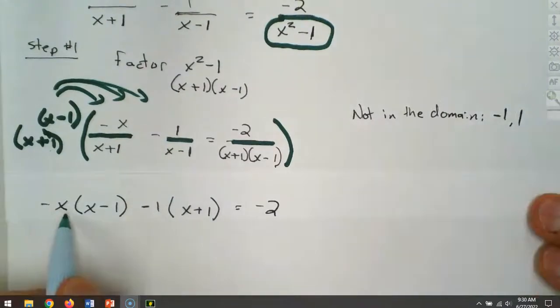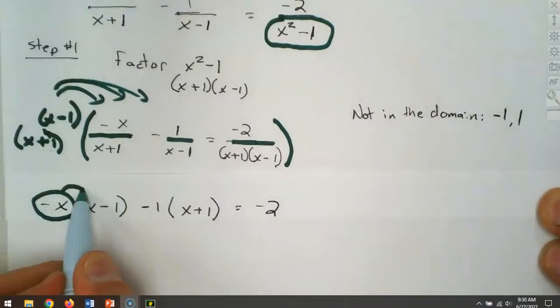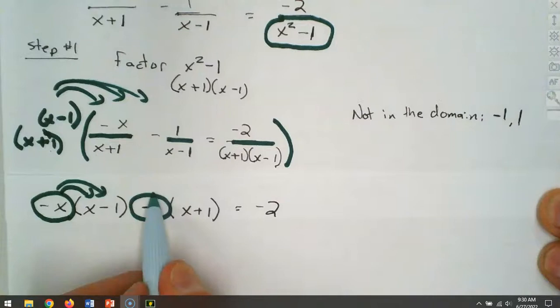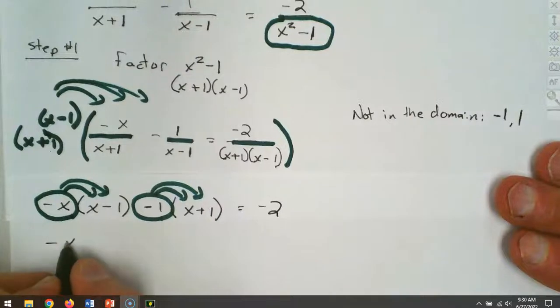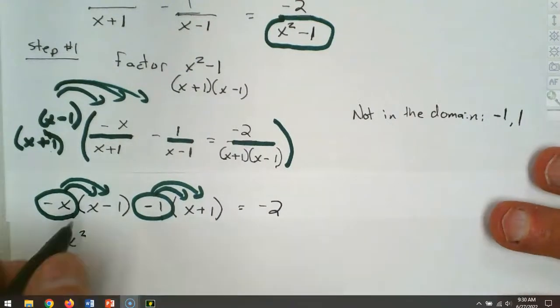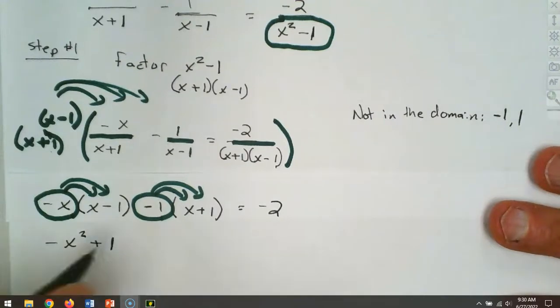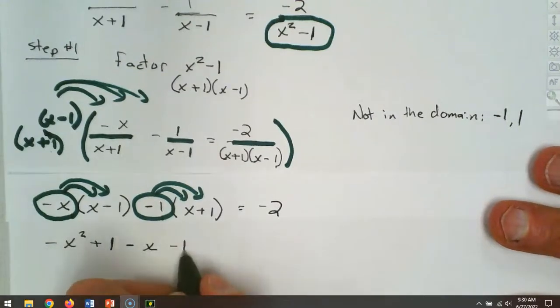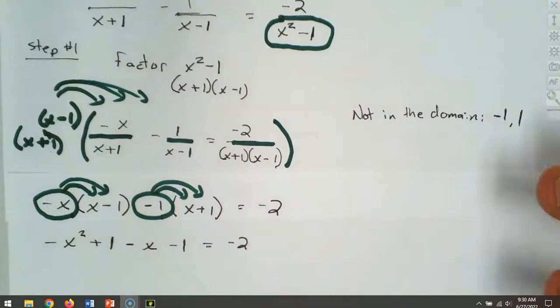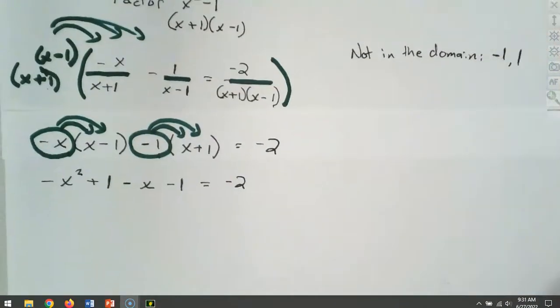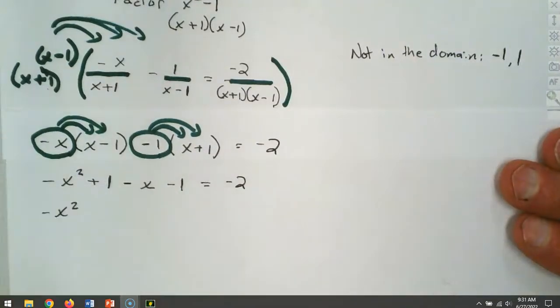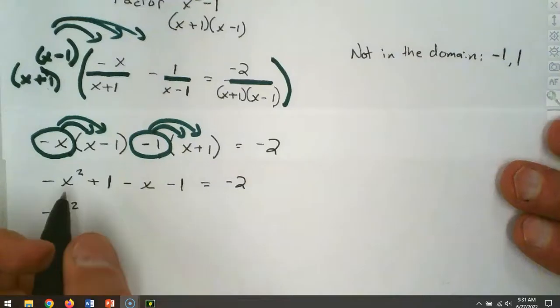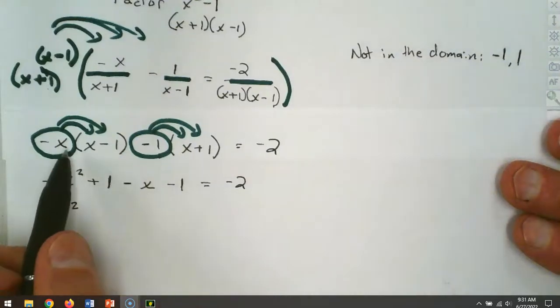So some are more difficult than others, and they're all different. So let's begin by distributing that negative through, and the negative 1 through as well. So that makes it a minus x squared. Negative and negative makes it a positive 1. And then a minus x and a minus 1. And that equals a negative 2. Those got distributed through. Let's combine like terms. Okay, let's make sure we didn't make a mistake here.